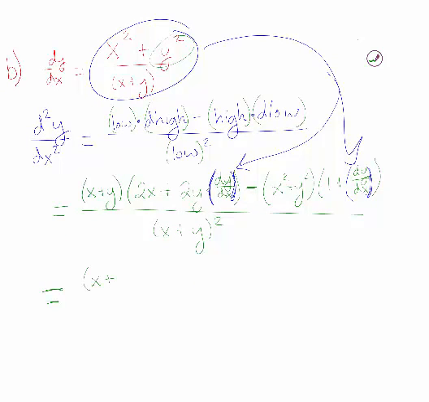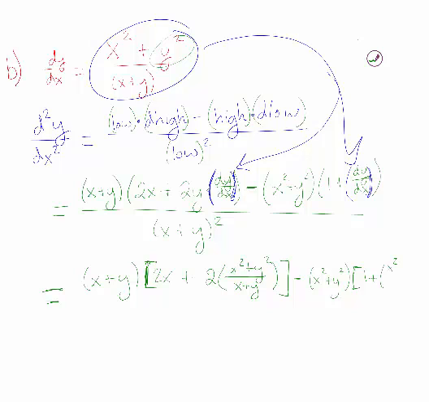So x plus y times 2x plus 2, now add another parentheses, so if you want to make that first one a bracket, you can. x squared plus y squared over x plus y, minus x squared plus y squared times, again we'll have a bracket, 1 plus x squared plus y squared over x plus y, and that's all divided by x plus y squared.